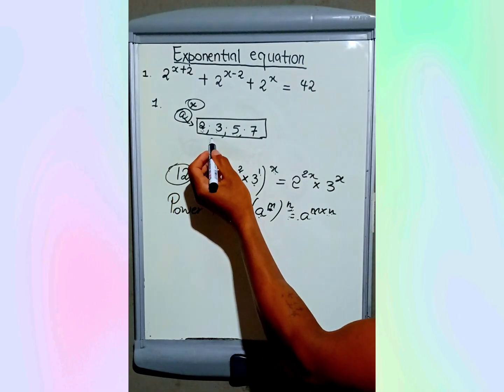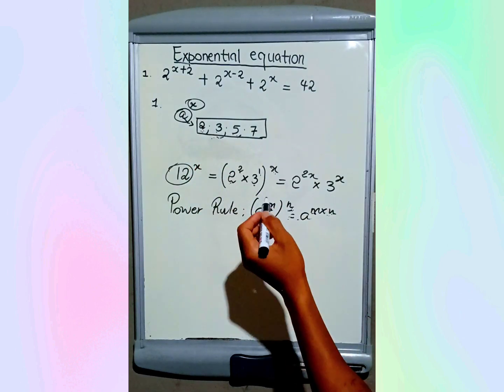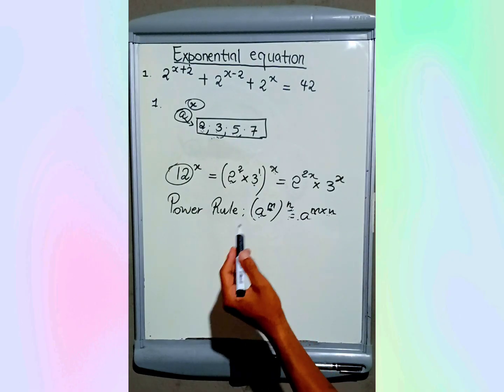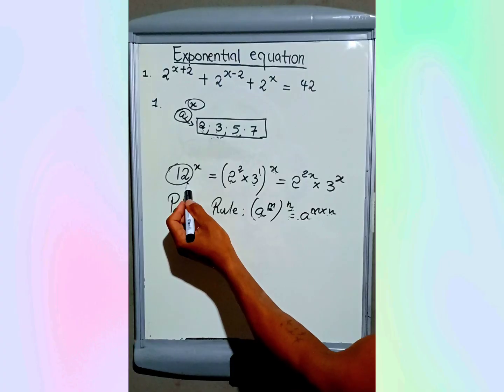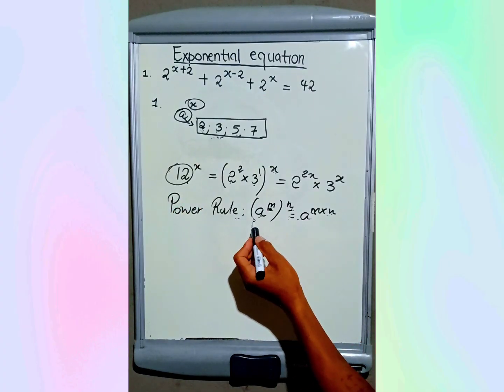is not one of the first 4 prime numbers, you need to take your calculator and find the factors of that base. Okay? After that, we're going to use the power rule.